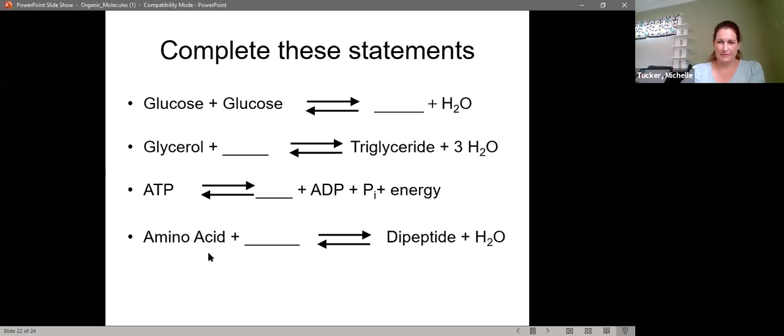Amino acid plus another what? Amino acid, very good. Through dehydration synthesis is dipeptide plus H2O. And then the back arrows represent, so forward is dehydration synthesis, back arrows represent the process of what?